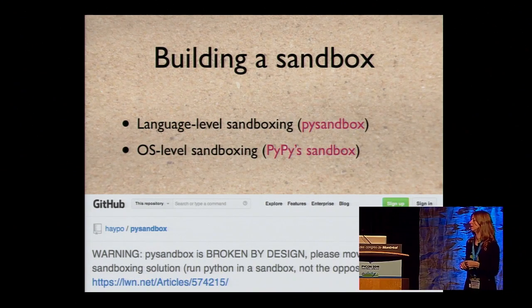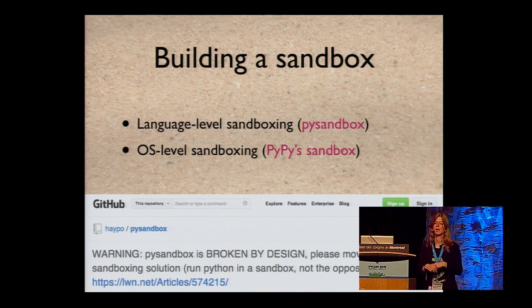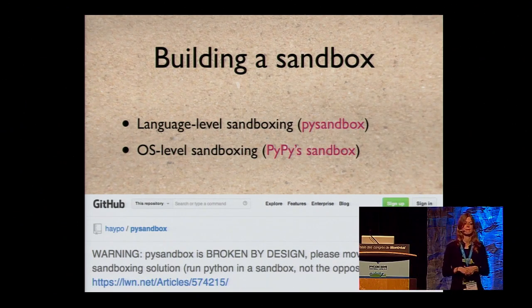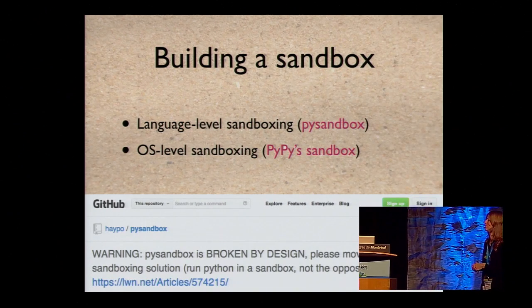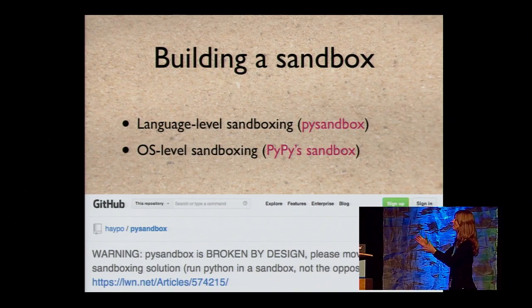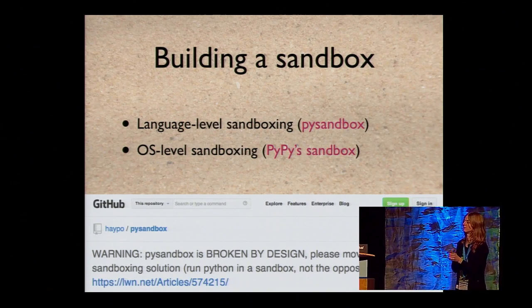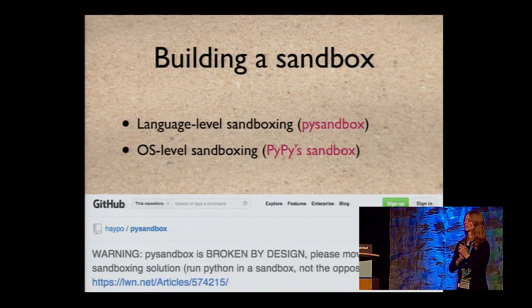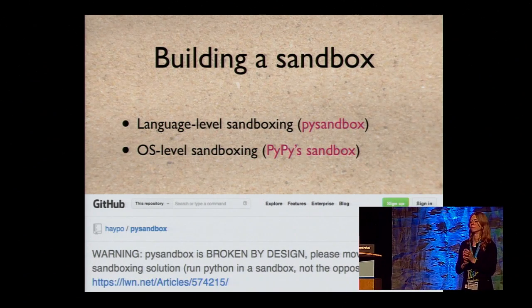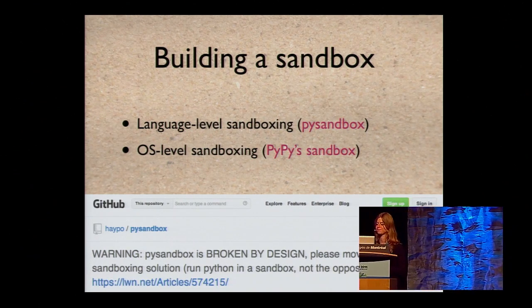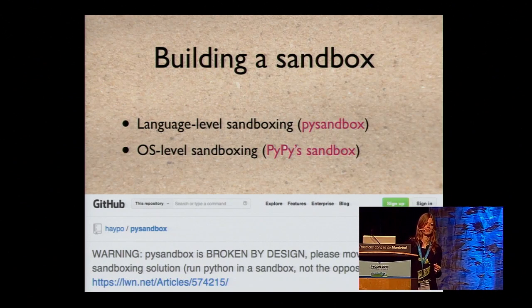And fundamentally, it becomes hard to write a language-level sandbox that allows you to do useful stuff, but is also safe. And so his recommendation, and really the recommendation of most people that you talk to who have worked on sandboxes, is that you need to at least pair it with an OS-level sandbox. So leveraging the OS to enforce resource constraints or limit your visibility in the file system, things like that. But it was a fun exercise, no?